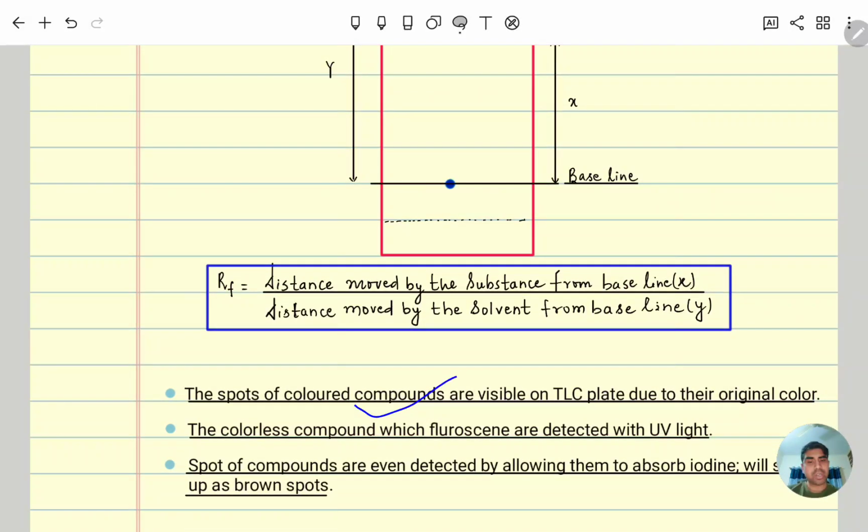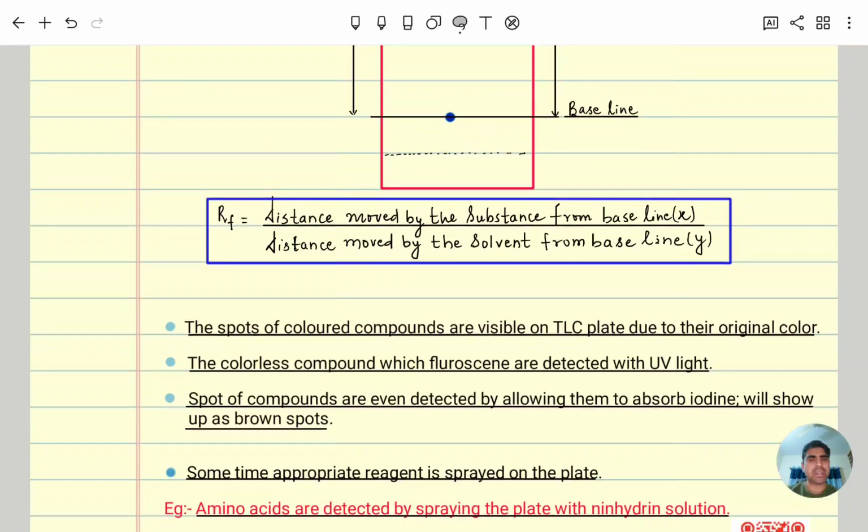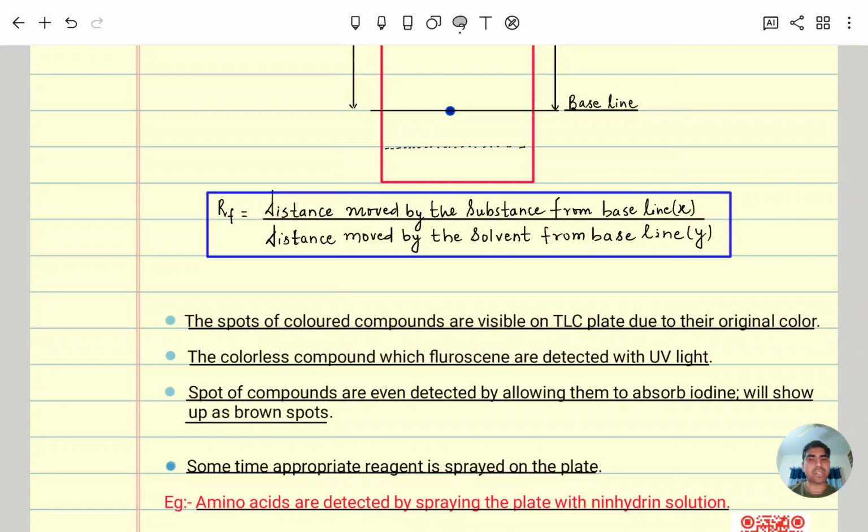The spots of colored compounds are visible on the TLC plate due to their original colors. Sometimes colorless compounds can be detected by passing fluorescence or UV light. Or sometimes we can spray hydrogen solutions and others, so that we can detect their marks.